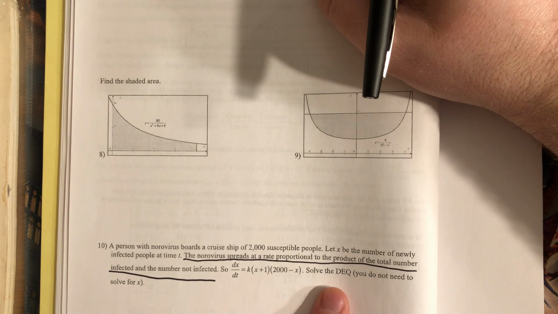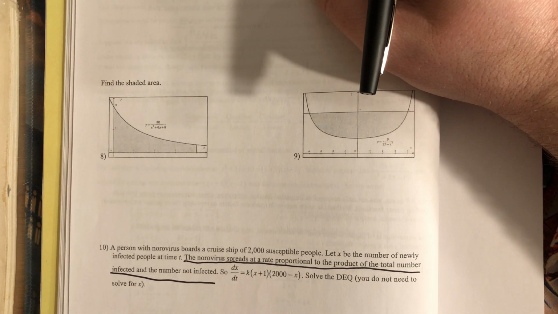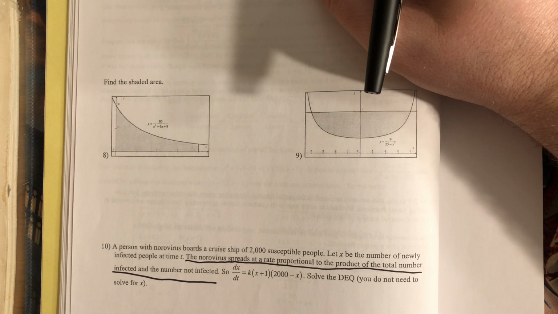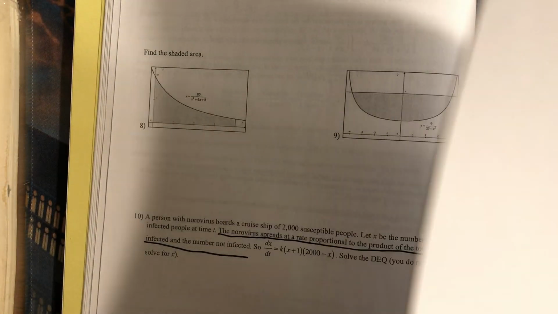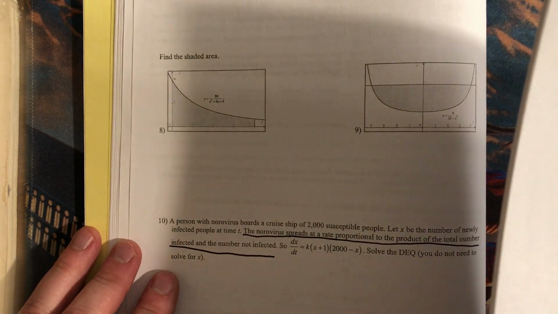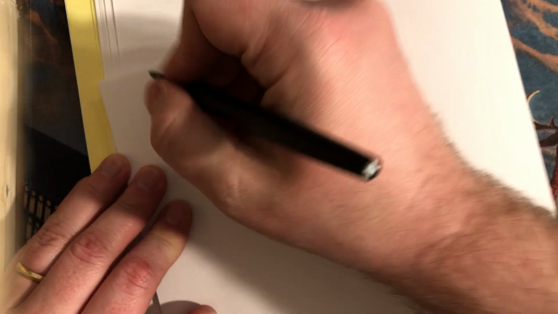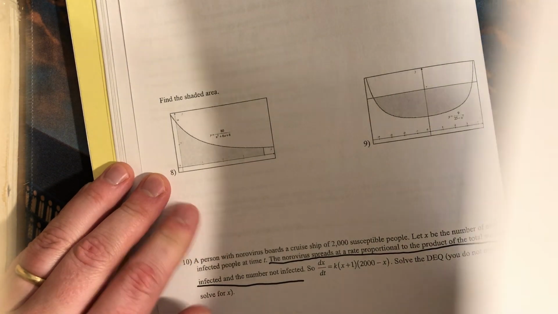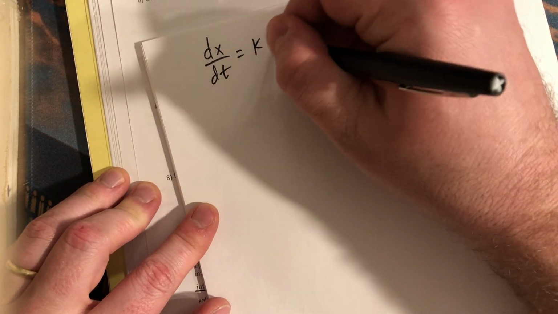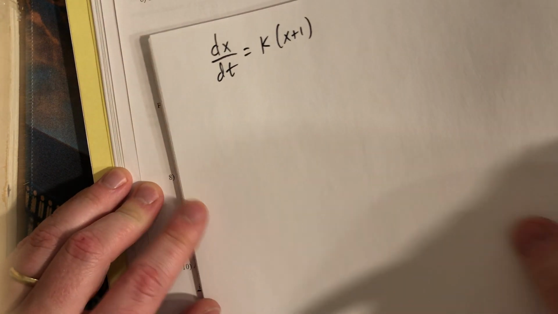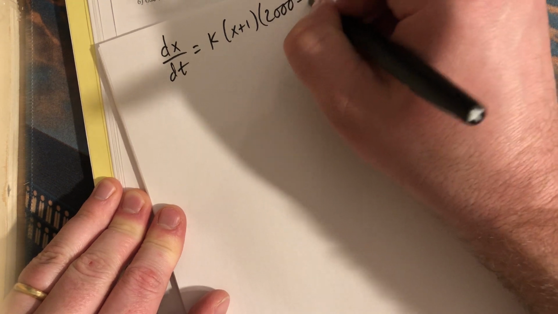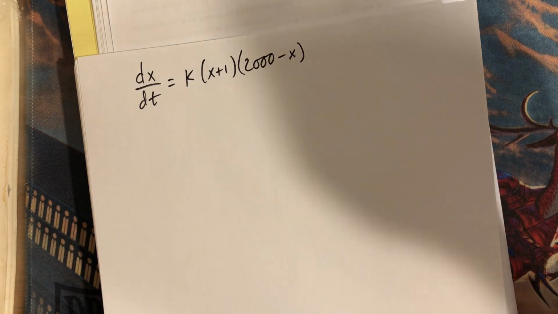So this says solve the DEQ, solve the differential equation. As much as I want to skip this, I'm not going to. dx dt equals K. All right, be careful here.